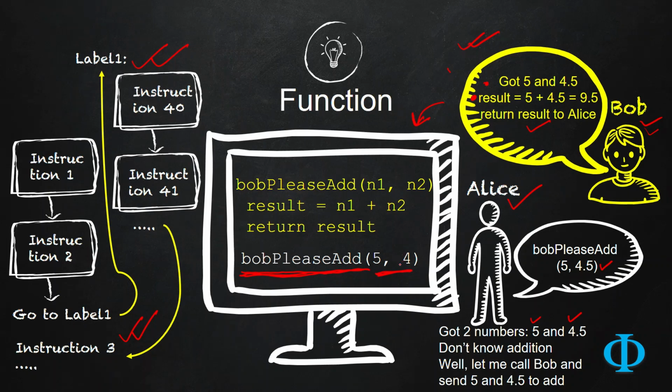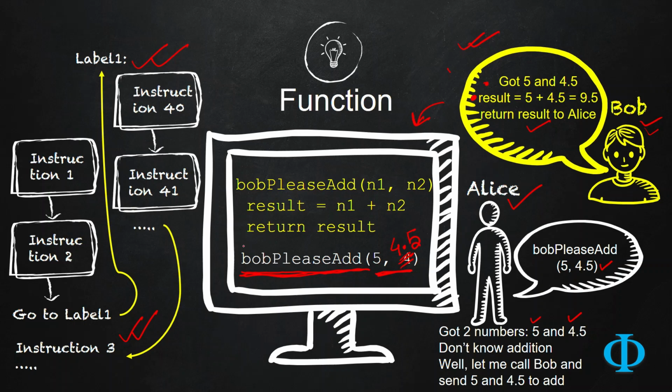Sorry for the mistake, it should be 4.5, not 4. So the program called the function Bob please add, and then the values that need to be added, that is 5 and 4.5, those two numbers.